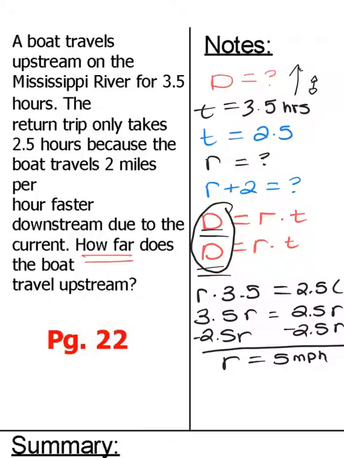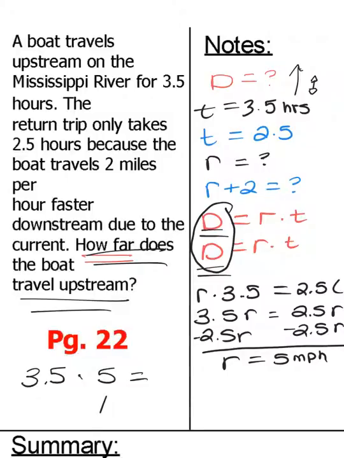And then downstream you're traveling 7 miles per hour. Does that make sense? Well, they didn't ask me for the rate. They asked me how far upstream. So it takes you 3.5 hours and you're traveling 5 miles per hour. So what's 3.5 times 5? That's 17.5. So you travel a total of 17.5 miles upstream.